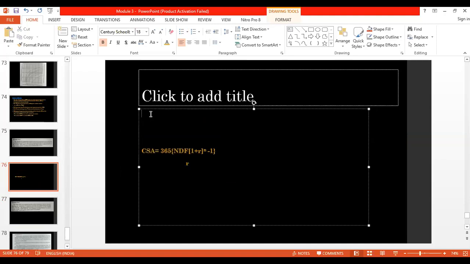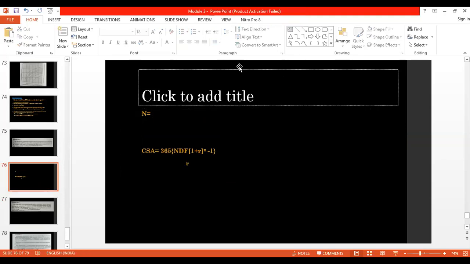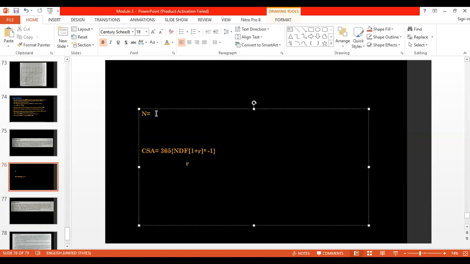What is the N value they have given in the problem? Capital N value, not the small n value.